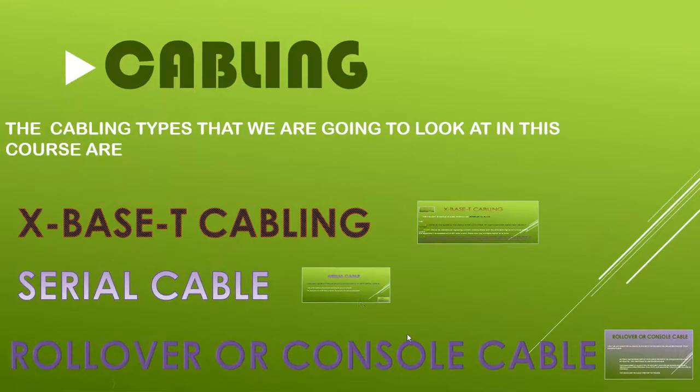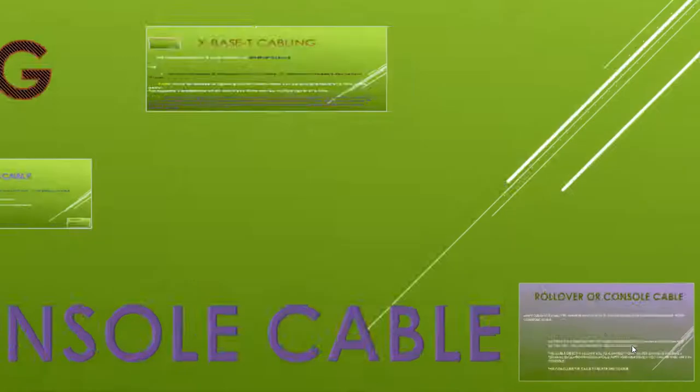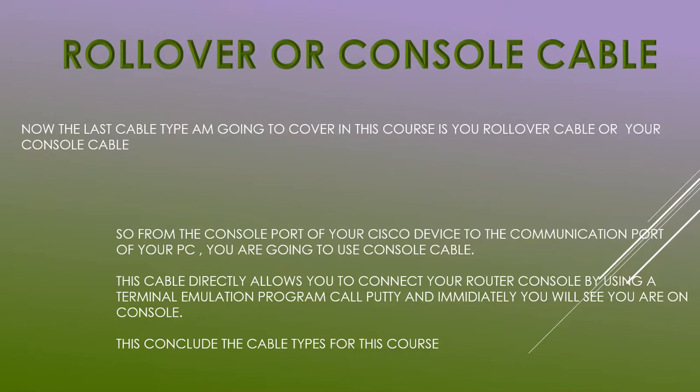So let's look at the last cabling type that we are going to look at in this course. The last cabling type is our rollover or console cable. From the console port of your Cisco device to the communication port of your PC, you are going to use a console cable.